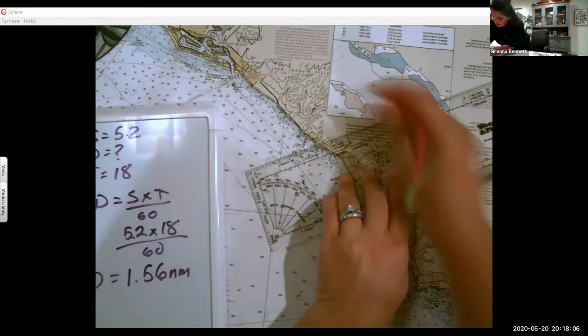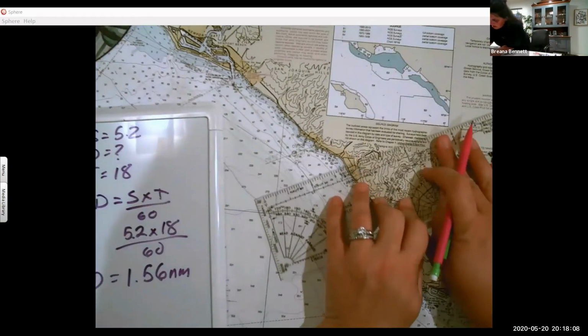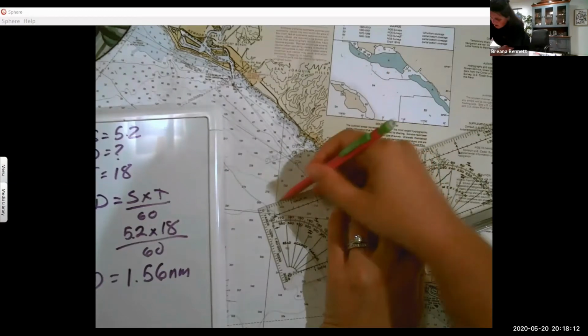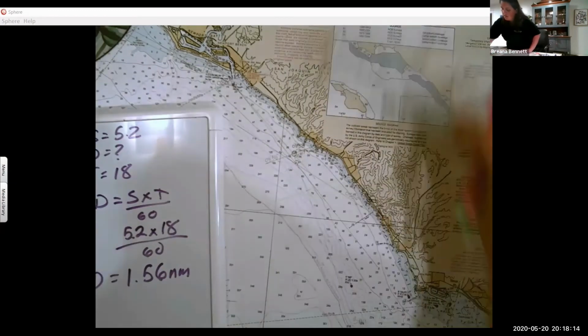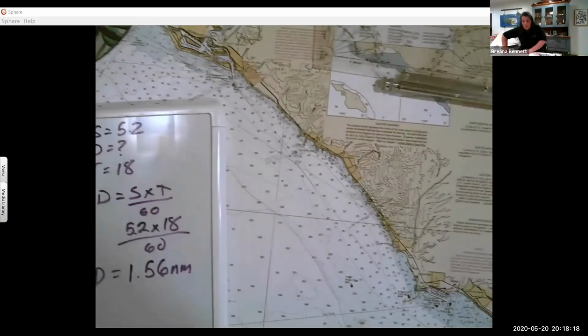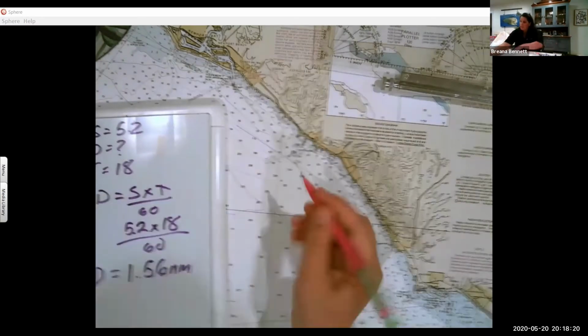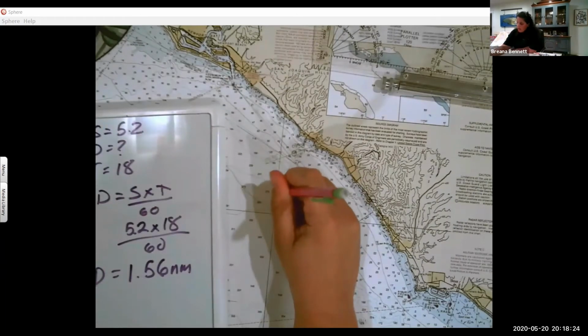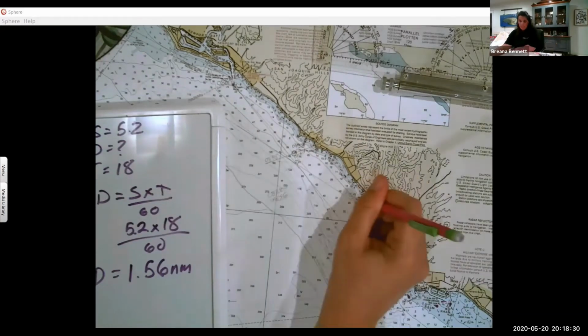So I parallel this. And this line is now my 838 to 856. And this is my 856 line.